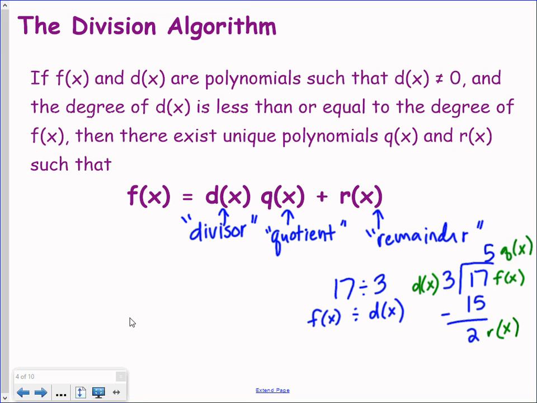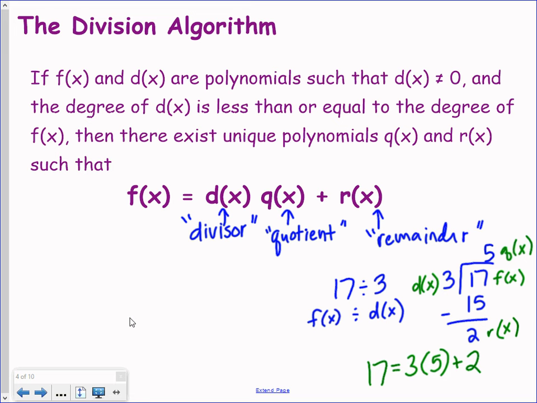So if I put all those things into this division algorithm, I'm saying that 17 equals 3 times 5 plus 2. Do you agree? Yes. It all makes sense in terms of what you know about division from even elementary school. So the division algorithm has always been there. We've maybe just never stated it in this way before.